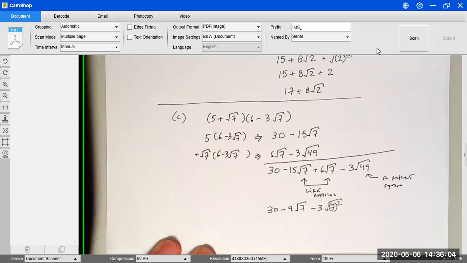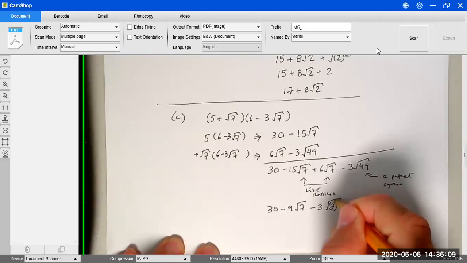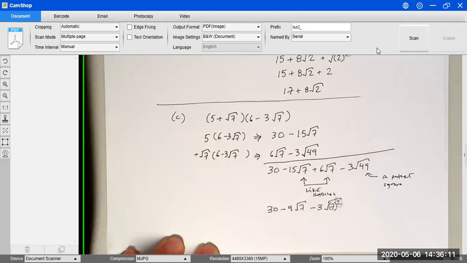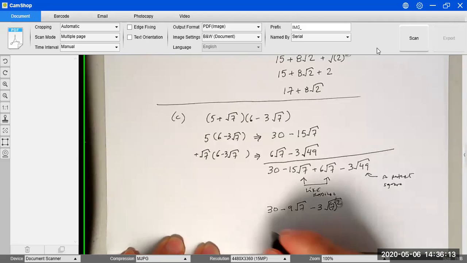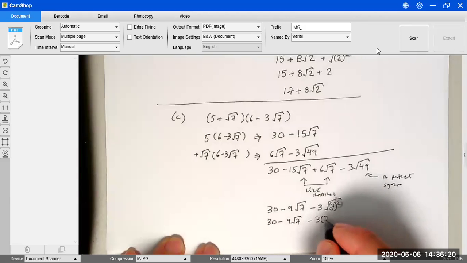So now you can cancel the exponent and the radical sign. So we're going to have 30 minus 9 times radical 7 minus 3 times 7. So 7 is the part that remains after this process of canceling radicals and exponents.